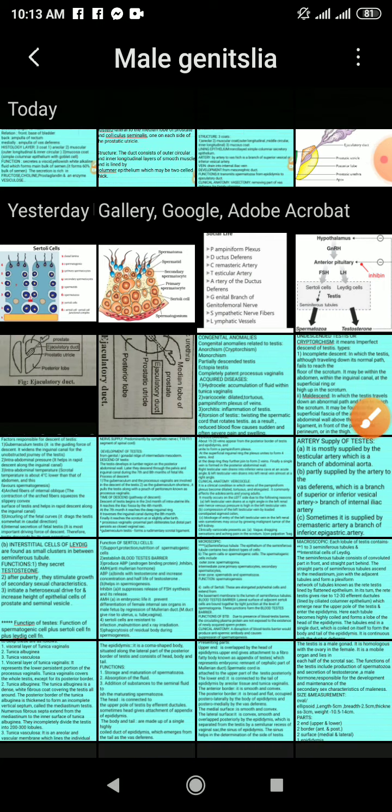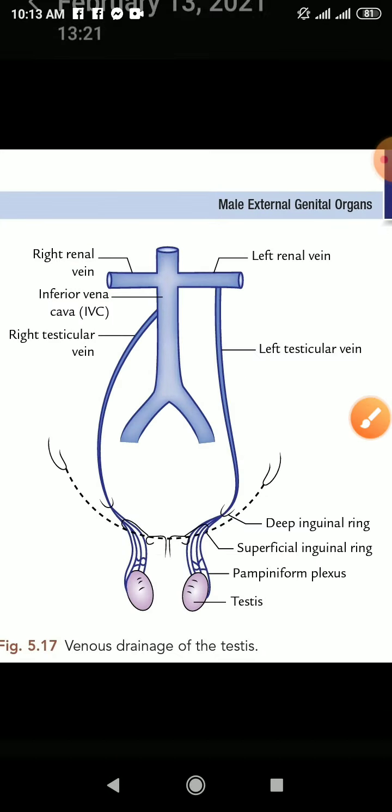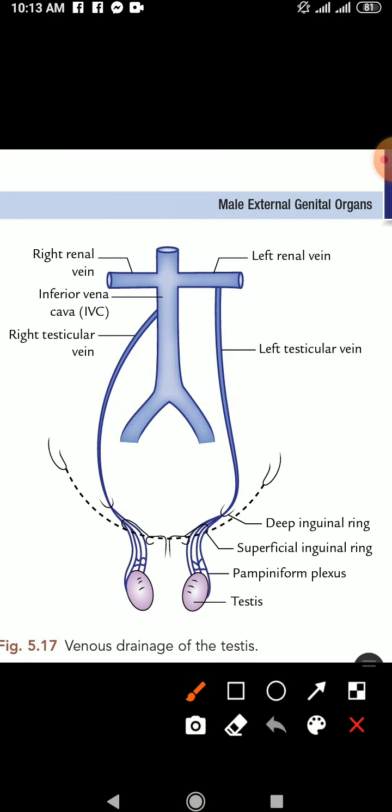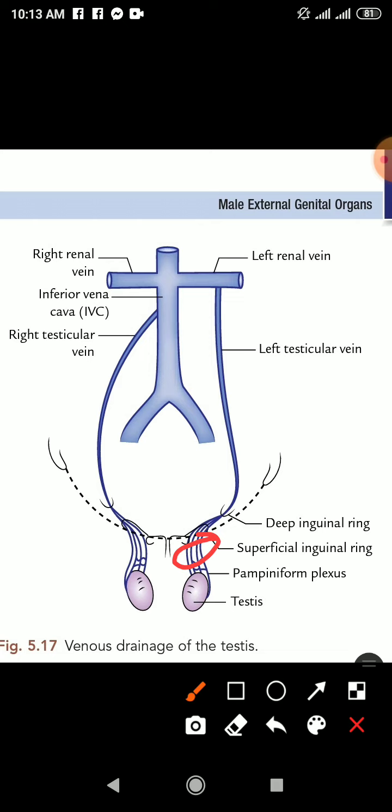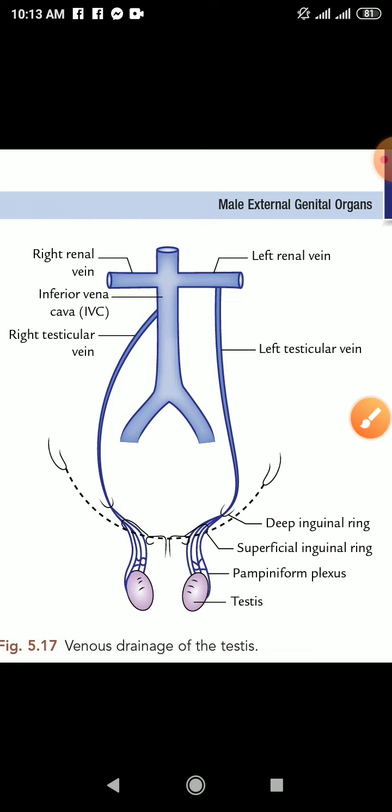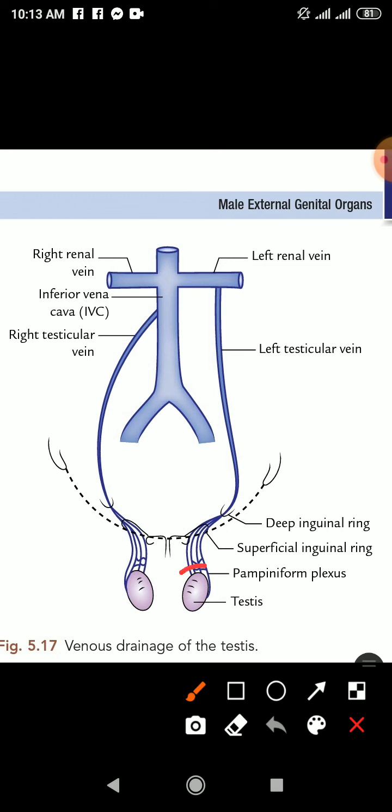So let's see the picture. Look at that. From the posterior pole of the testis, several veins, 15 to 20 veins, arise, which is known as the pampiniform plexus.